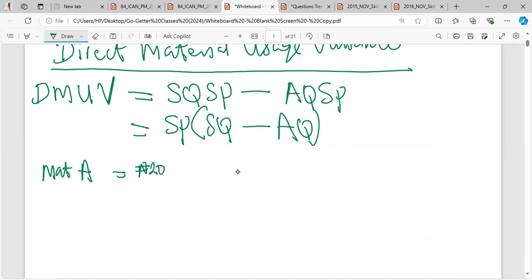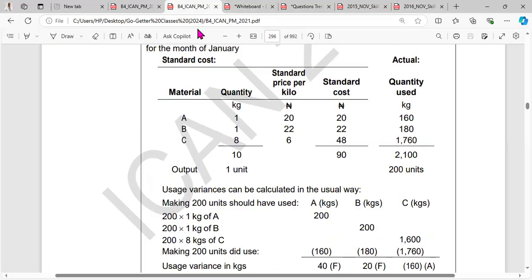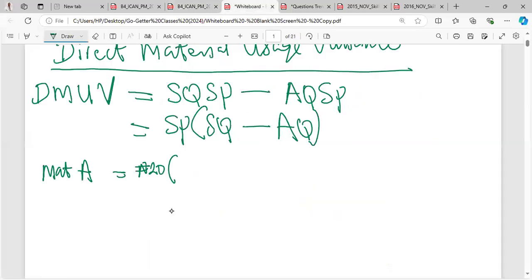What is the standard quantity? The standard quantity here is 1 kilogram, and we did 200 units. So 1 kg multiplied by 200 units. So that's the standard quantity.